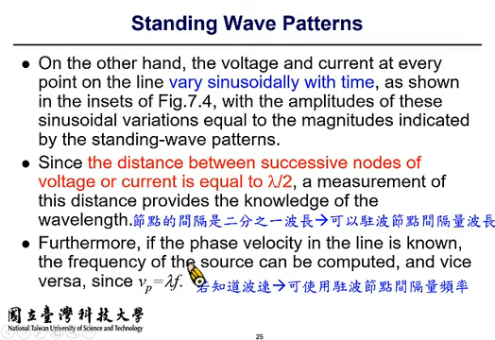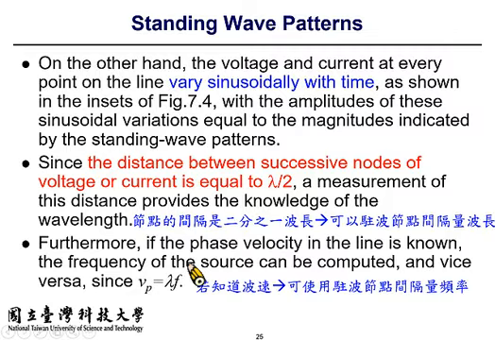From the plots shown in the previous slides, you can probably conclude some observations. One observation is that the distance between successive voltage nodes or current nodes is one half wavelength. So by observing the voltage node or current node, you can calculate the wavelength on the transmission line.